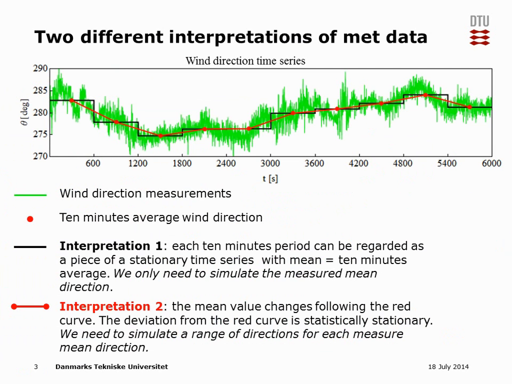The idea is that this sample here is 2 hours of measurements of wind direction, and as you can see for the green line, it's fluctuating, and mostly we are talking about 10-minute statistics, and this is what we get when we ask for scatter data from a wind farm.